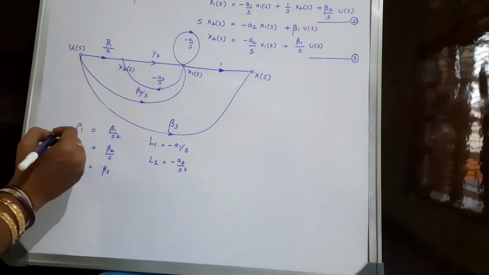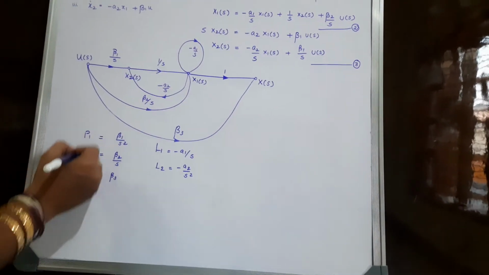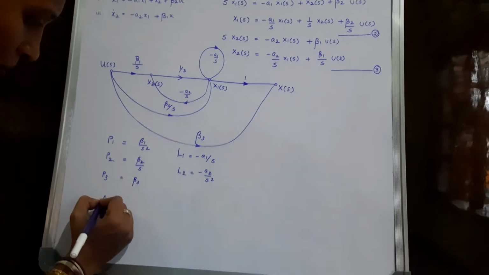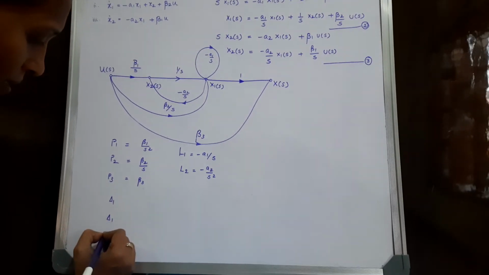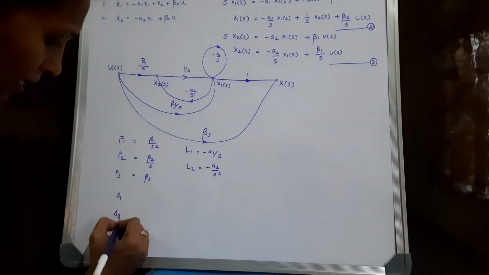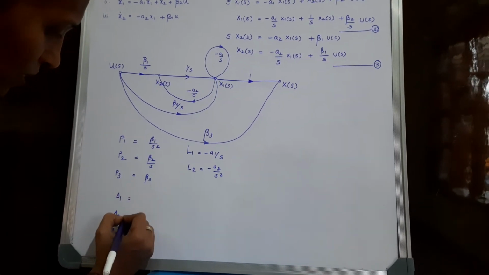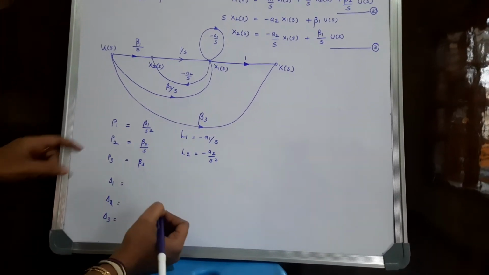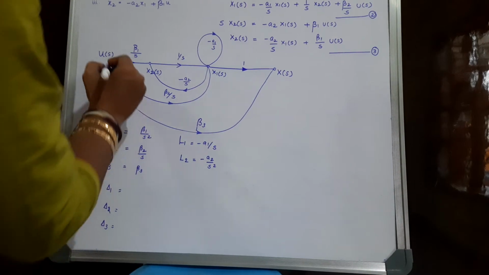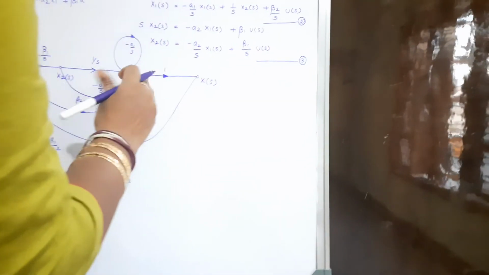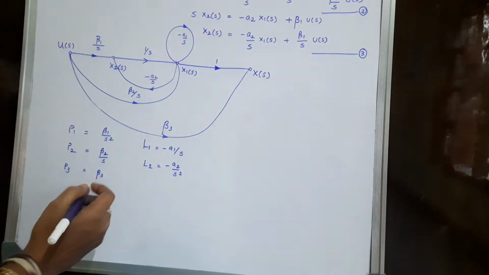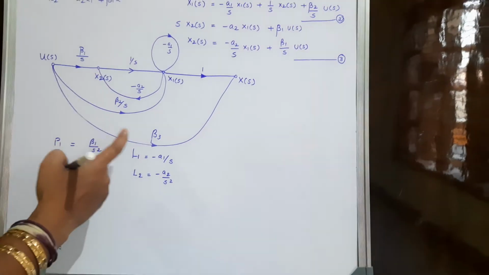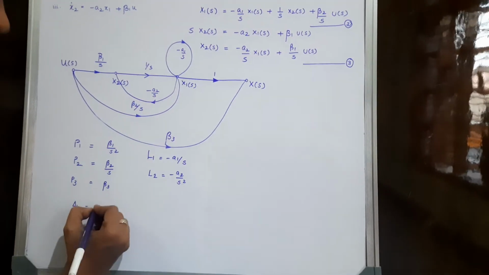So since we have three paths here, simultaneously I need to calculate delta k for the same. So delta 1, delta 2, delta 3. So delta 1 for this. First part being a straight path, I need to consider delta to be the same as delta, but I need to consider those loops which do not touch the k path.